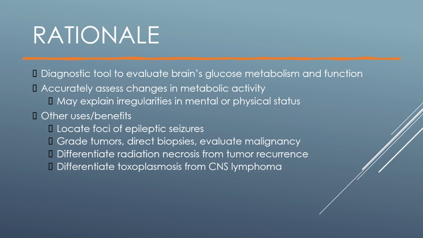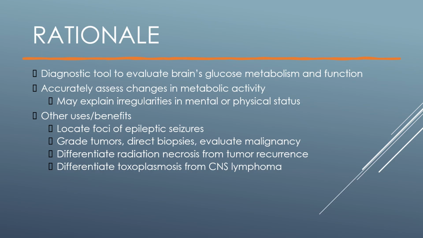Some other benefits: looking at epileptic seizures, grading tumors, directing biopsies, evaluating malignancy, and something that is seen on other imaging, differentiating between radiation necrosis and tumor, and differentiating toxoplasmosis from CNS lymphoma.